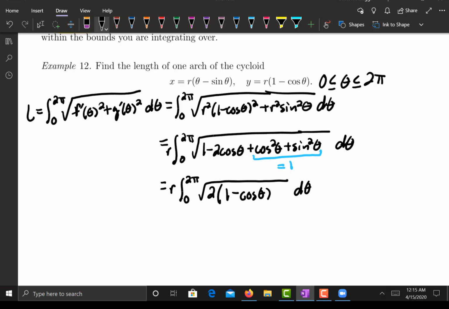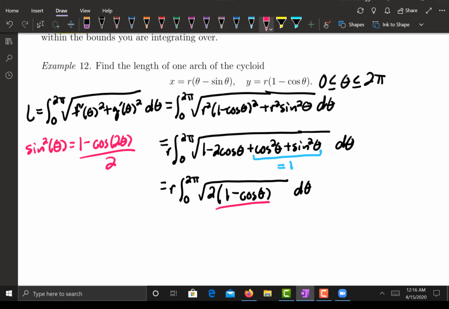And right now we're kind of in a pickle, because 1 minus cosine in the square root, I don't know how to tackle that. Well, I say we can. And here's how we're going to tackle that. Let's recall the following, our half angle identity for sine squared, which is sine squared of theta equals 1 minus cosine of 2 theta over 2.